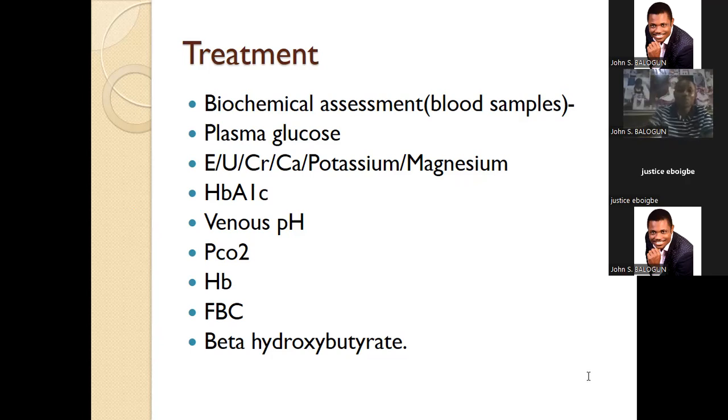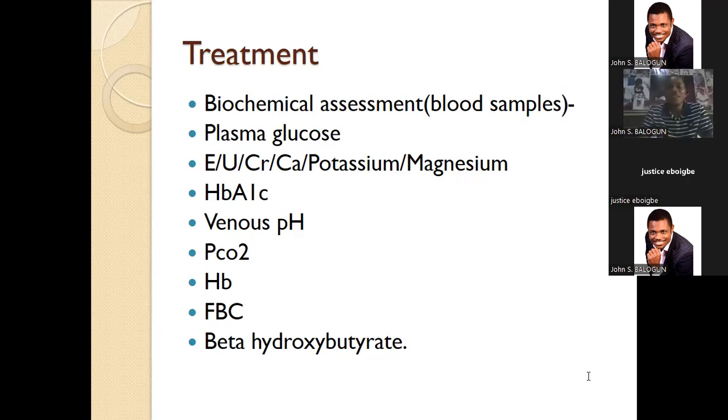So hyperglycemia often leads to hyponatremia. In very simple terms, when there is increased glucose, there is decreased sodium.